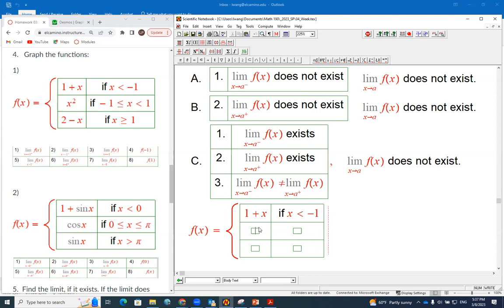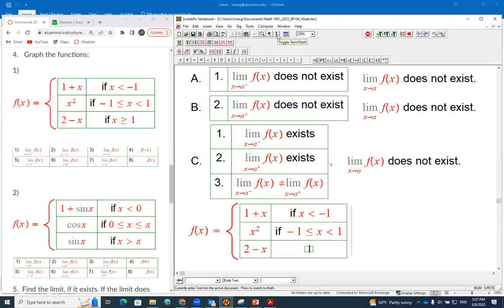And the second function is x squared, if x is greater than or equal to -1 and less than 1. And the third case is 2 minus x. How do you graph this?